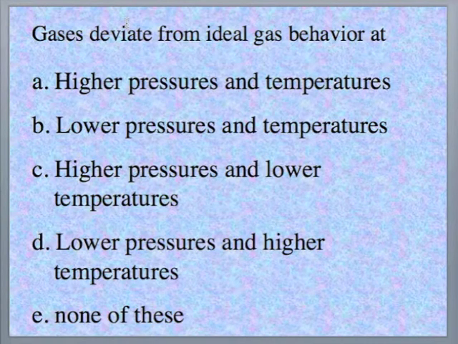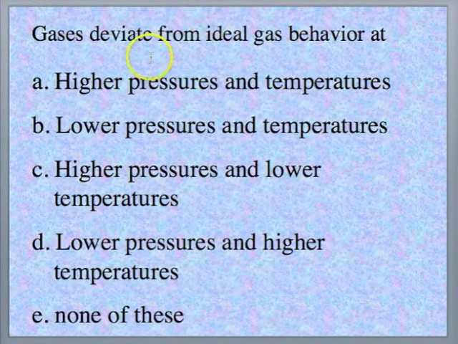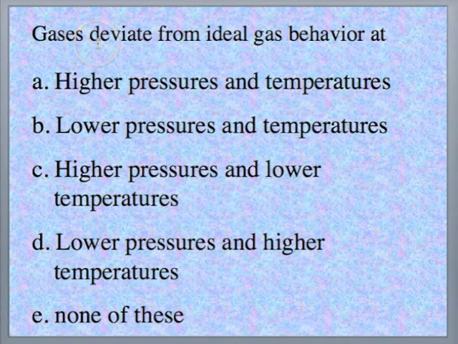Some gases do have attractive forces. And the other is the actual size of the molecule that comes into play at high pressures. It begins to be a contributor to the volume of the gas when you have so many particles squeezed together at high pressures. So there are two conditions when you get noticeable deviations from ideal gas behavior.